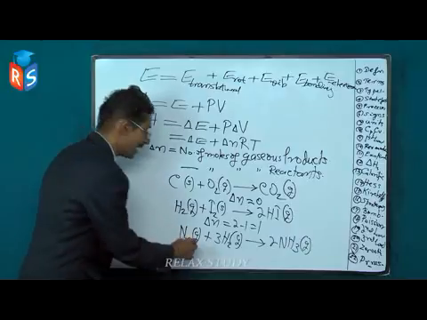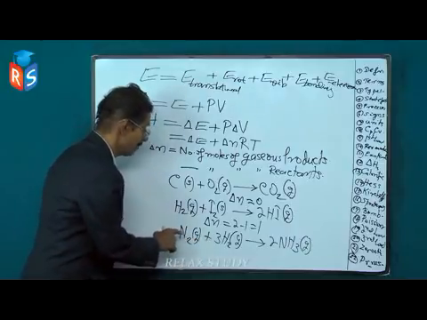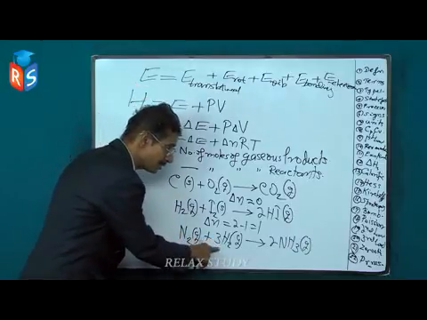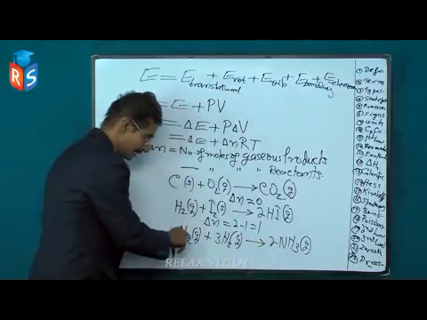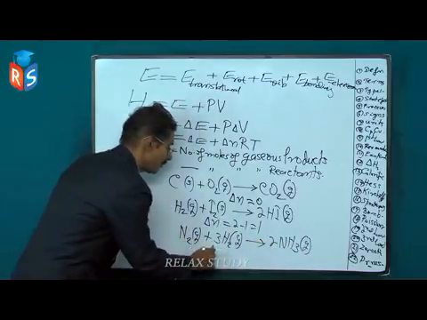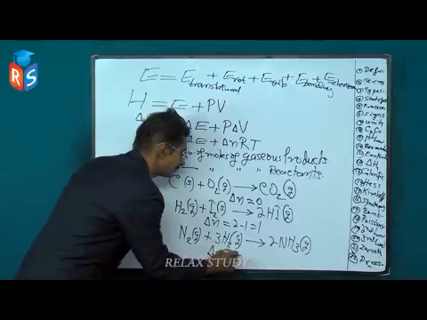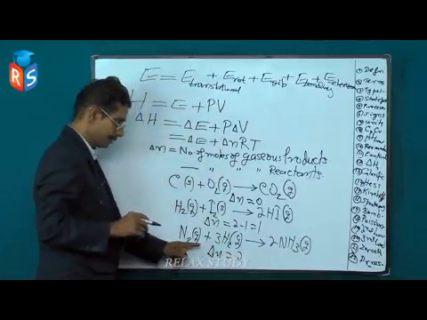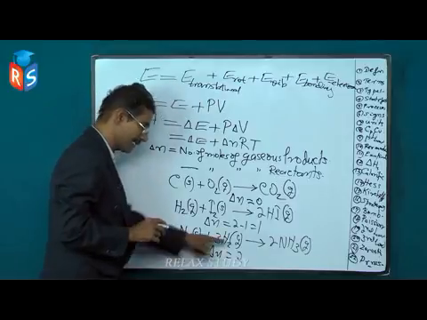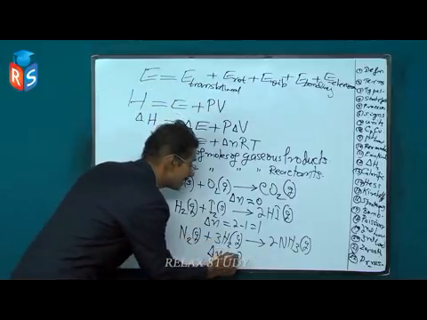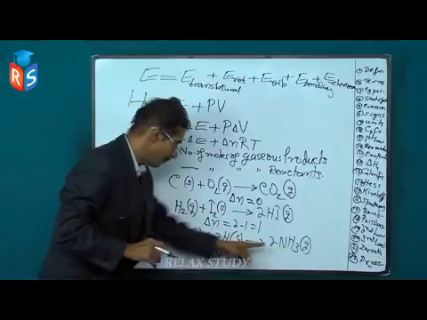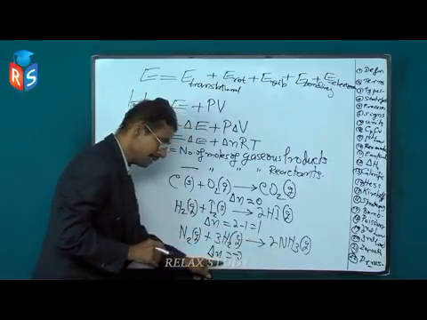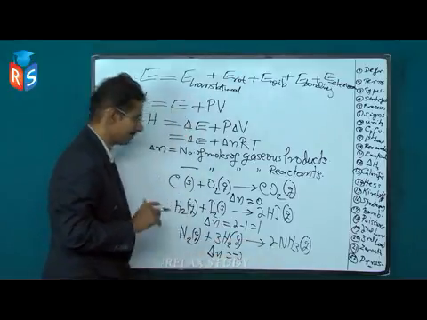And therefore, the value of delta N in this case is 2 minus 4, that is minus 2. 2 minus 1 plus 3, that is minus 2, delta N.